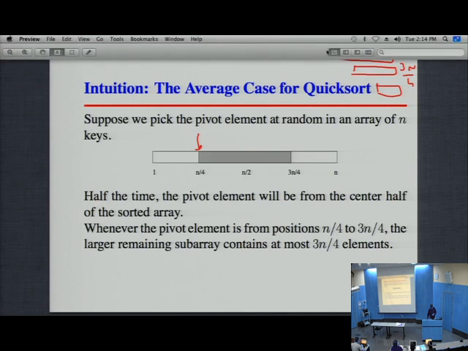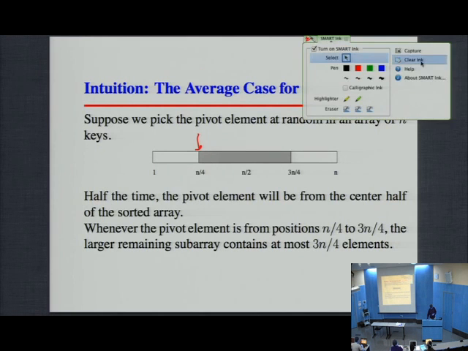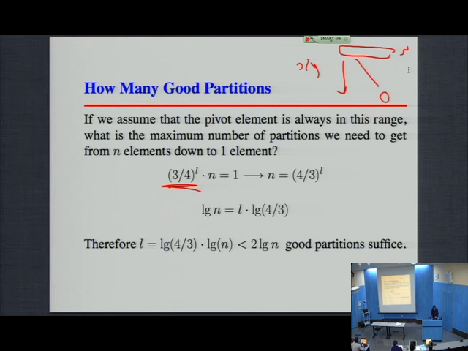In general, if we go through this, each time I divide it by 3/4. If I start out with n elements and I keep multiplying it by 3/4, how many times will I multiply it by 3/4 till I get down to 1?